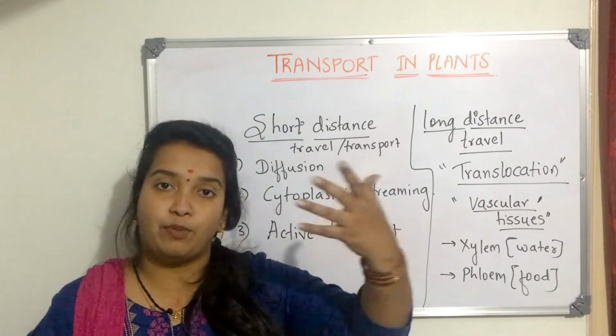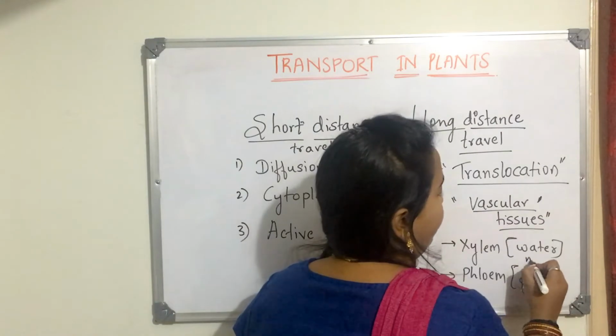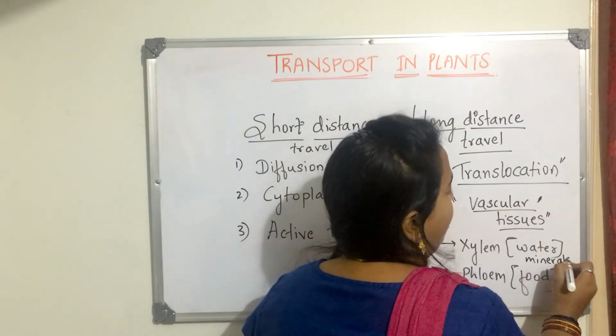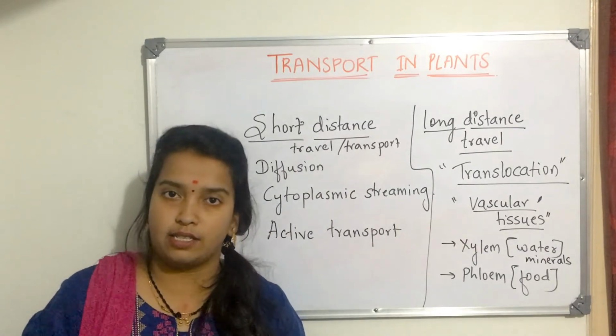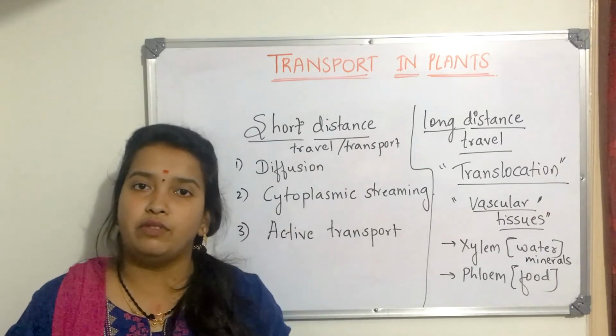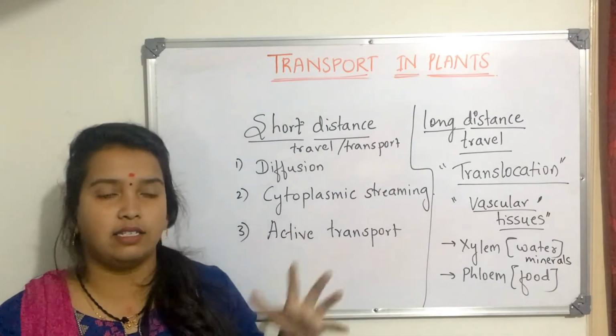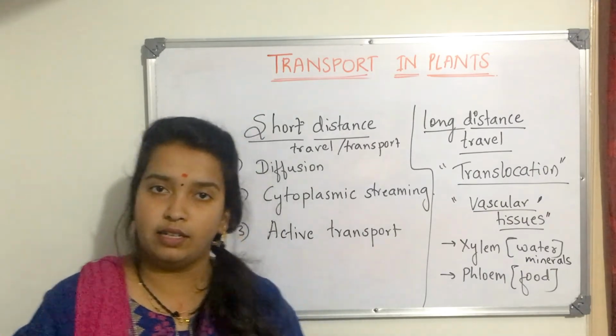Xylem helps in transportation of water and minerals, not only water, some minerals also, right? And phloem helps in food, that is organic nutrients and other things. Long distance transport is easily accomplished with xylem and phloem, and the other three are short distance travel. One by one we'll be seeing it in detail.